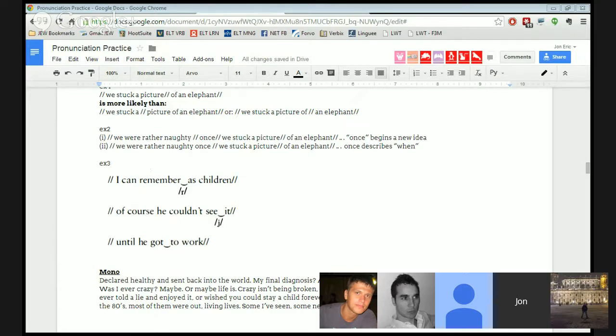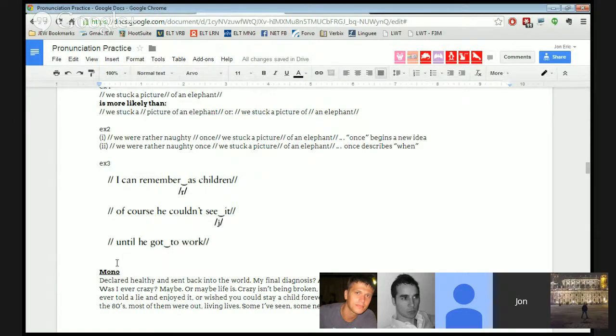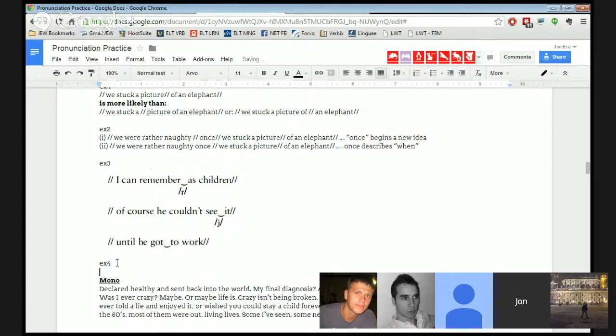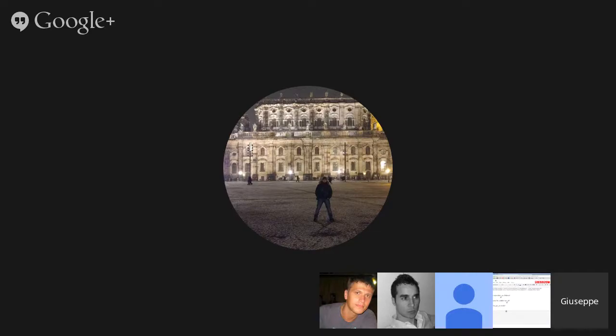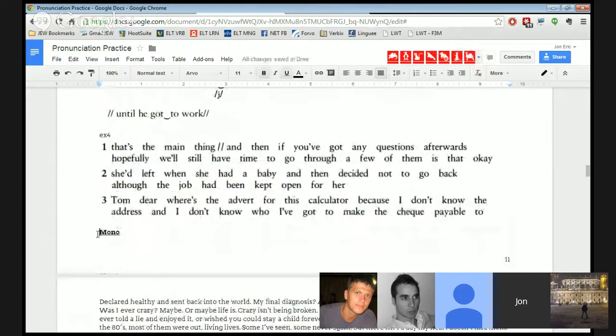Let me see if I can give you an example here. I'm going to give you 3 examples, 1 for each. I'm going to call this exercise 4. You'll see it there. Yep, it's there on page 11. Okay, there we go. I'll move the monologue down to page 12.